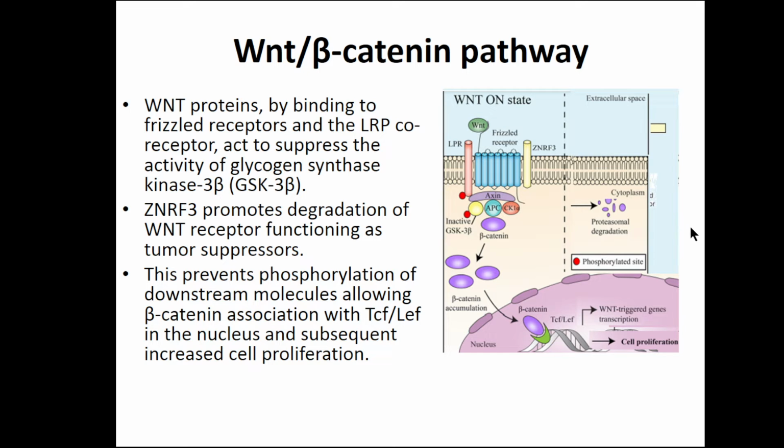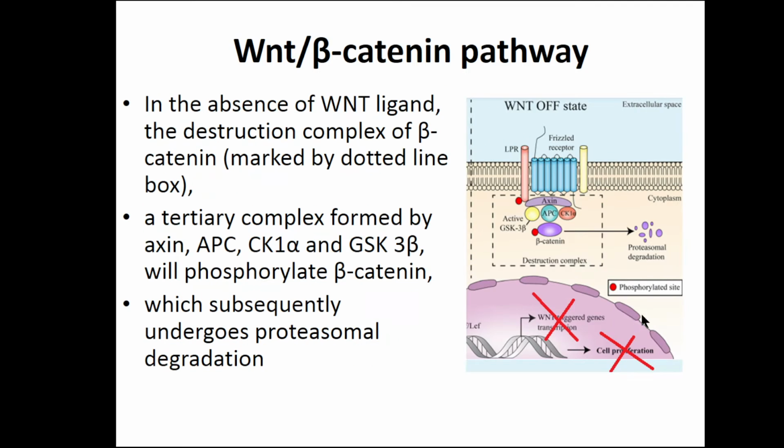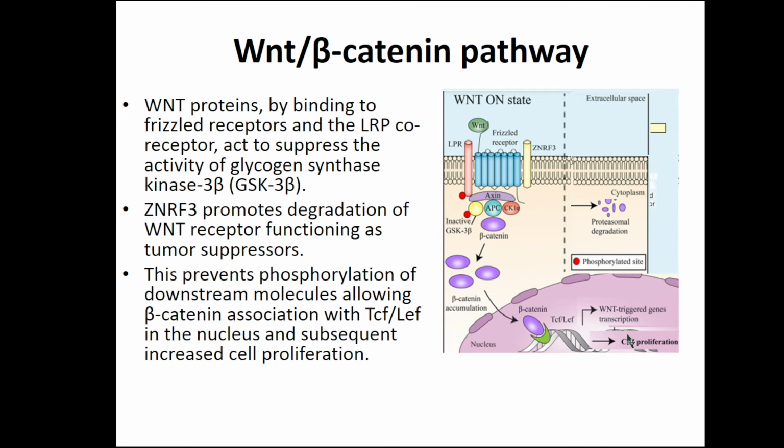You see green on the slide, the green part which is on DNA, their connection with beta-catenin. Catenin helps the activation of this transcription factor, and will transcribe Wnt-triggered genes or target genes, and there will be cell proliferation.